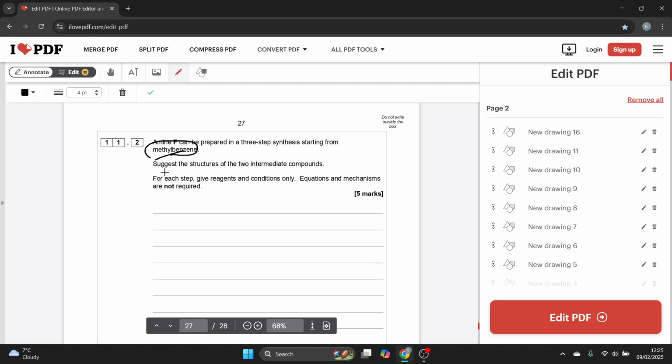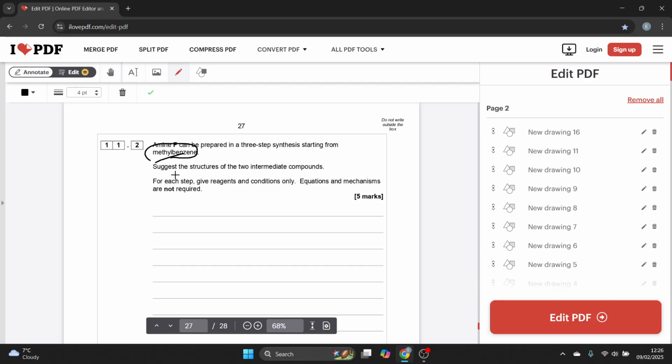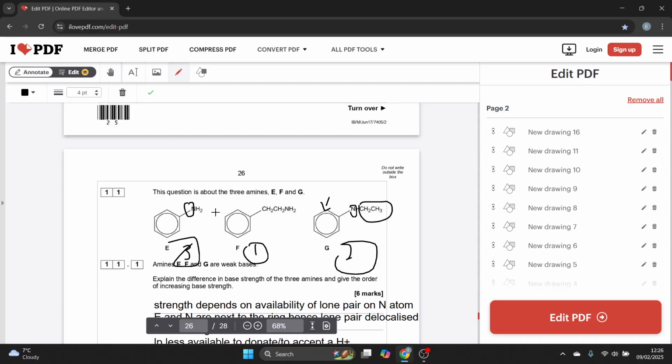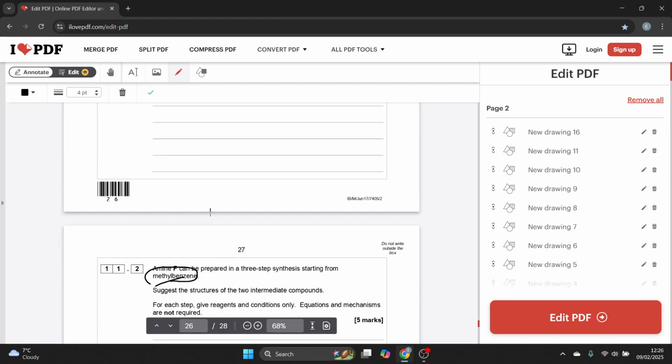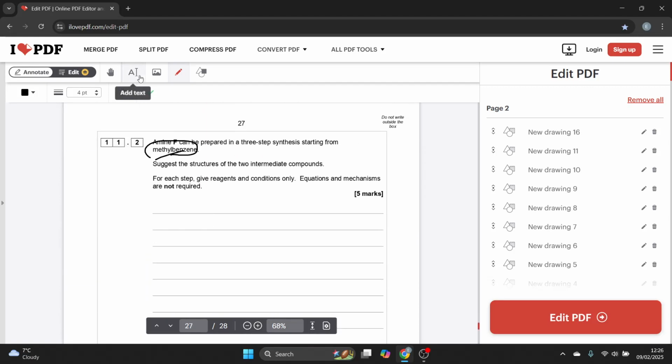And I want to go from methylbenzene to amine F. To this. So first thing that's going to happen, I'm going to have C6H5. I want to go from methylbenzene to just the amine.